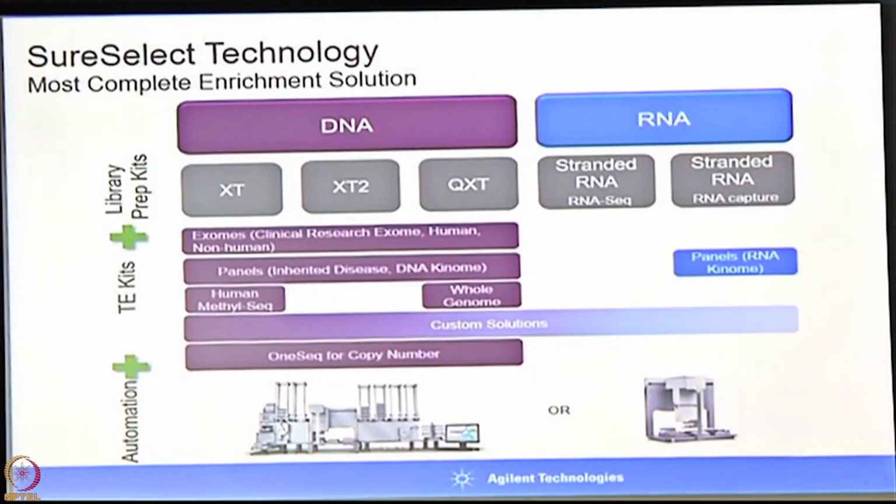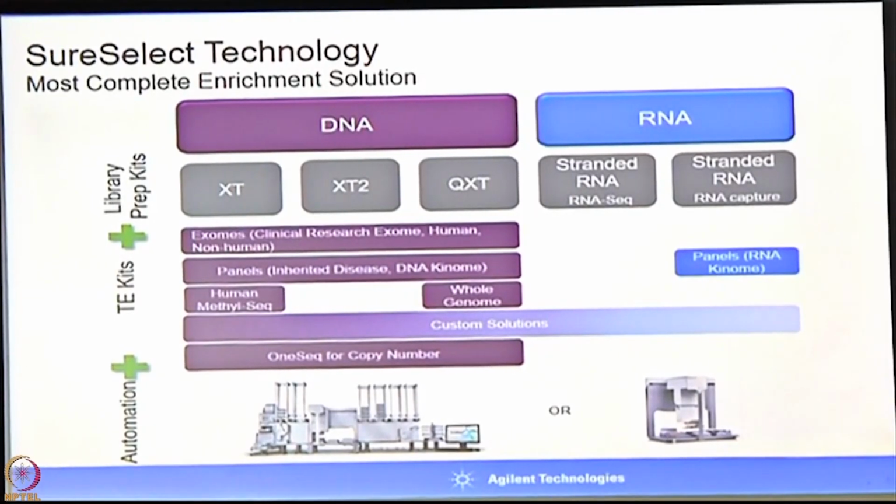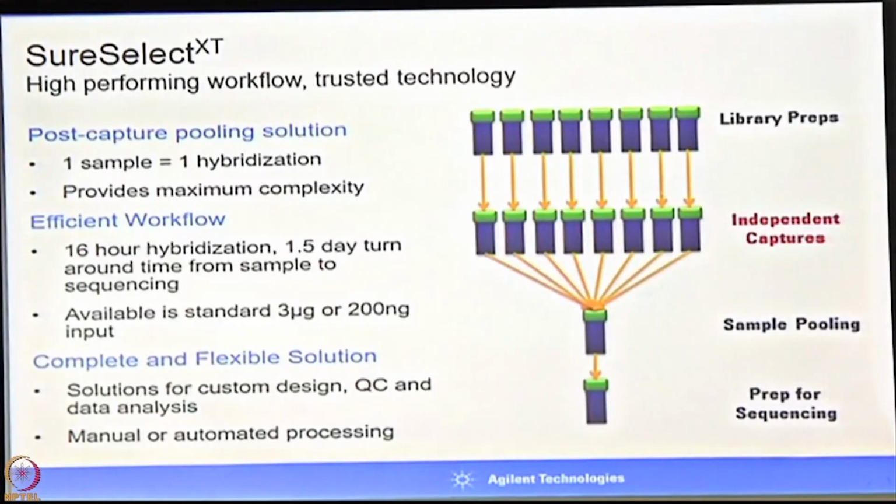So these are the different ways you can make exome libraries. The starting material is always genomic DNA, right? We have 3 different ways to make the libraries for exome sequencing: XT, XT2, and QXT. XT is this one.